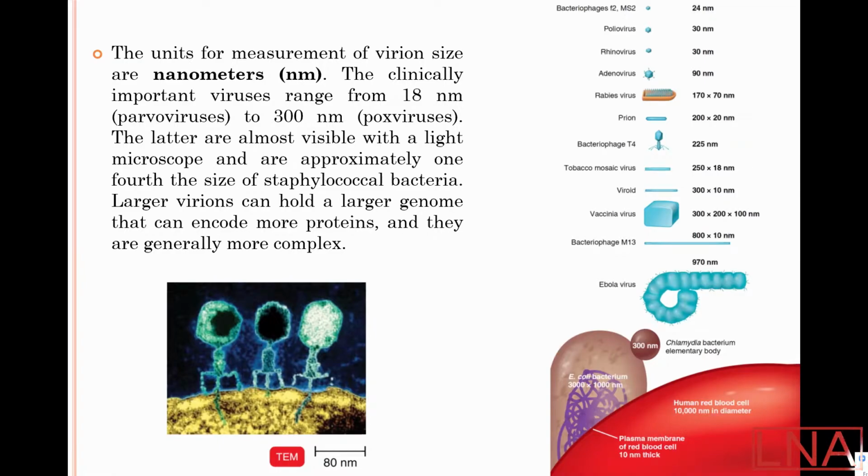The bigger the container, the more cargo we can put inside. Usually big viruses are also very complex. They have much more, not only inner structure but also external structures. All viruses are invisible under simple light microscopy. We can observe them only under an electron microscope.